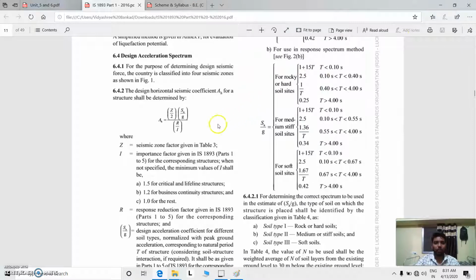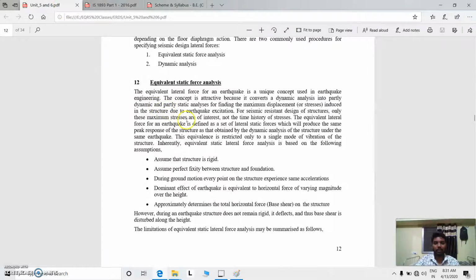Before going to know what is the design lateral force or equivalent static force method, we may have to know some recommendations or some conditions that are considered in the equivalent static force method for the structures. In this equivalent lateral force method for the earthquake force calculations, the structure is assumed to be rigid.